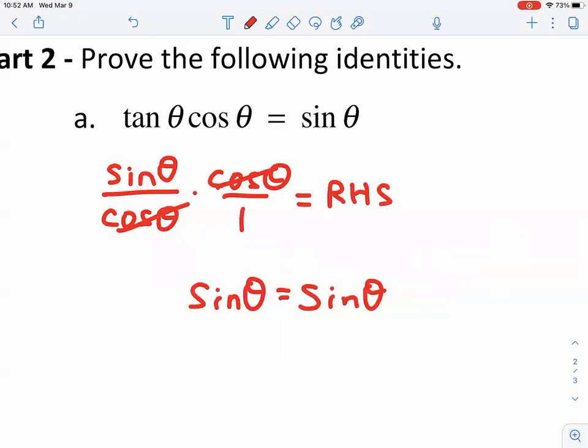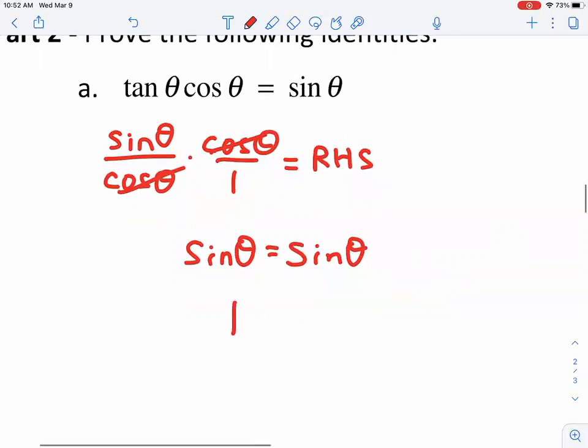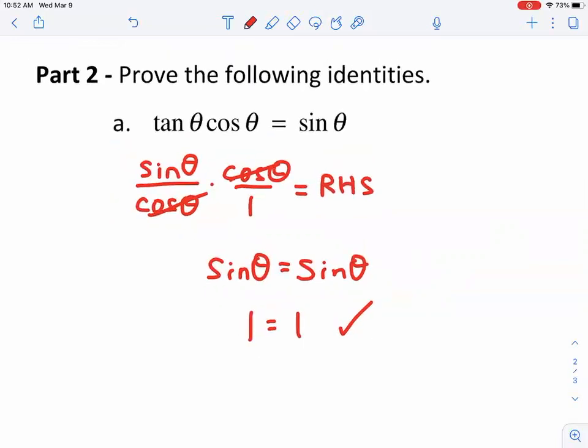And so I would say in terms of that identity that the left side, let's call it 1, equals the right side 1, 1 equals 1. And that's a check mark, showing that I have proven that the left side equals the right-hand side.